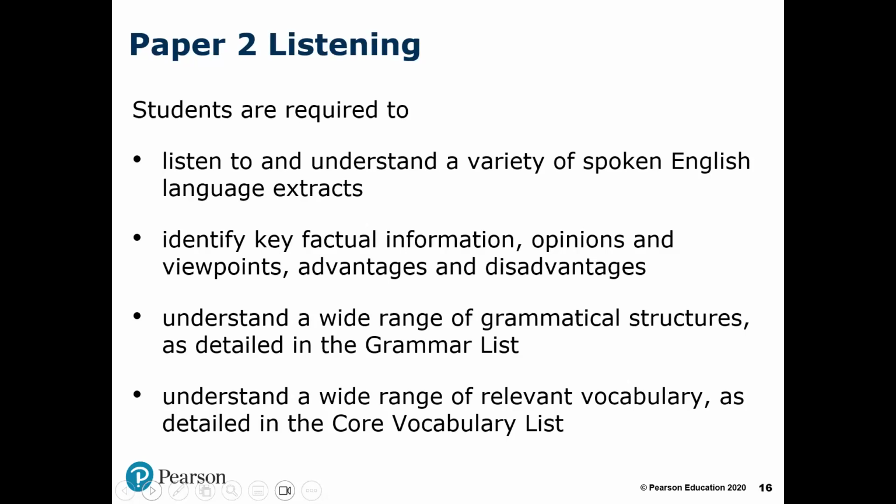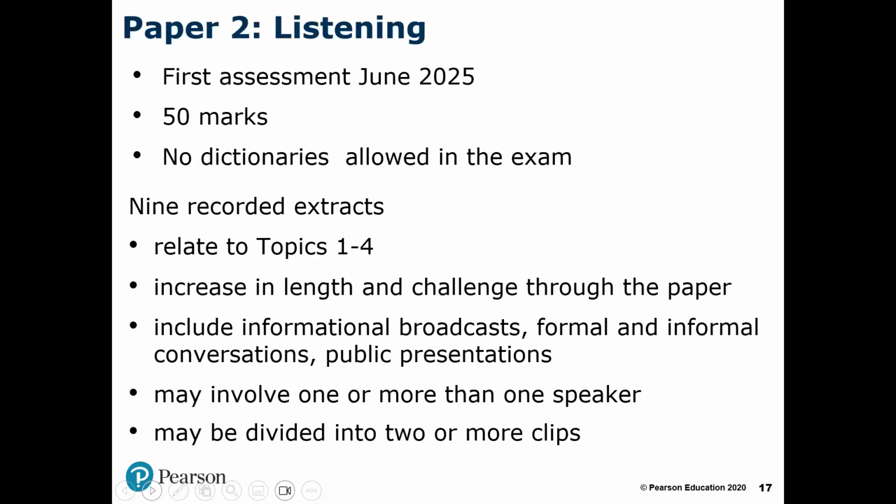So with reference to the grammar and vocabulary list, the reading extracts are developed and produced for assessment. The first assessment, as we mentioned, is going to be in June 2025, and there are 50 marks available for that assessment. And no dictionaries, of course, are allowed in the exam. That's important. Now, there are 9 recorded extracts, and the recorded extracts for listening relate only to topics 1 to 4.